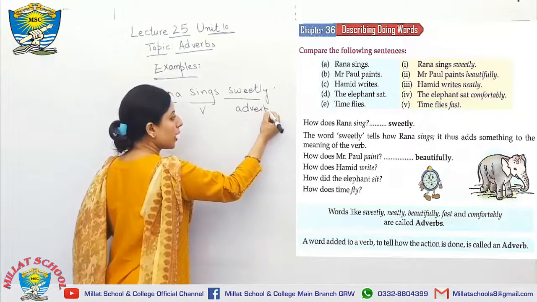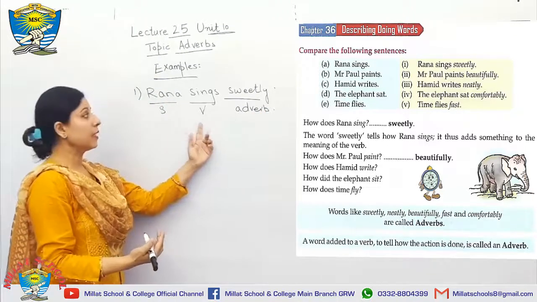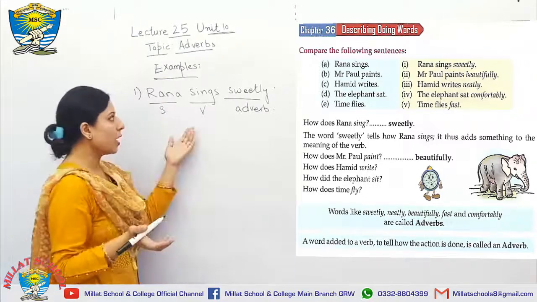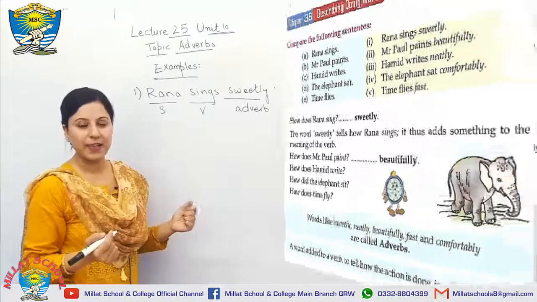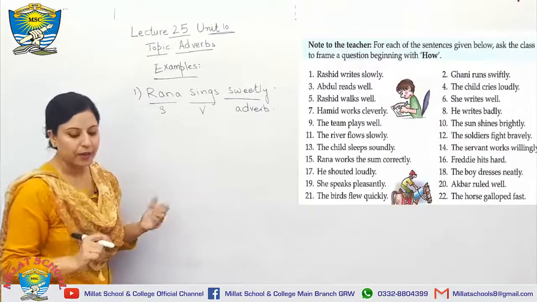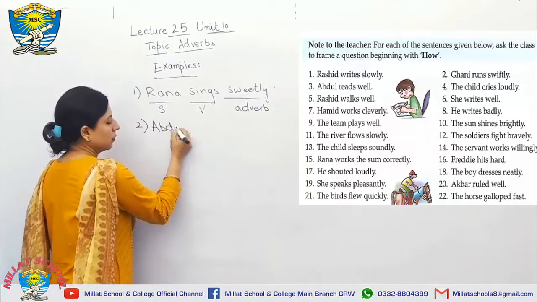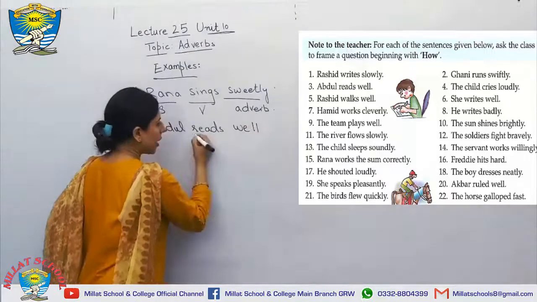How? Because we have added some more meaning to the verb. We all know that Rana sings. But how Rana sings? Sweetly. That's an adverb. Exactly. Moreover, another example is Abdul reads well. Now have a look again.